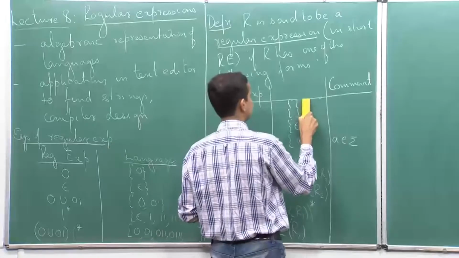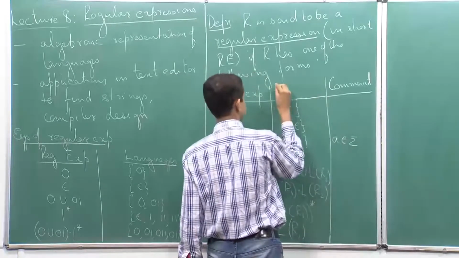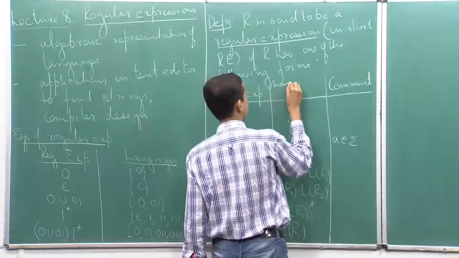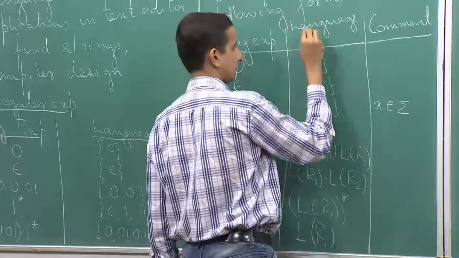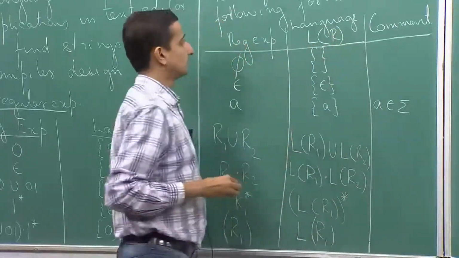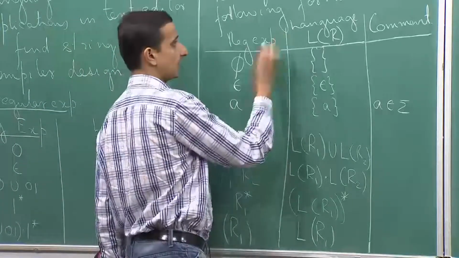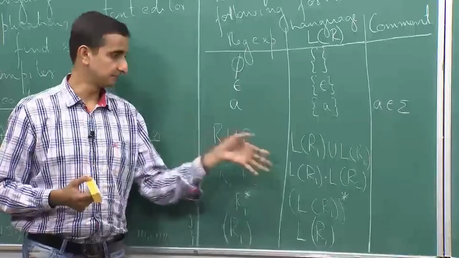Let me rewrite this and give a name to it: this is L of R. Whatever regular expression R we consider, this is how its language is defined.